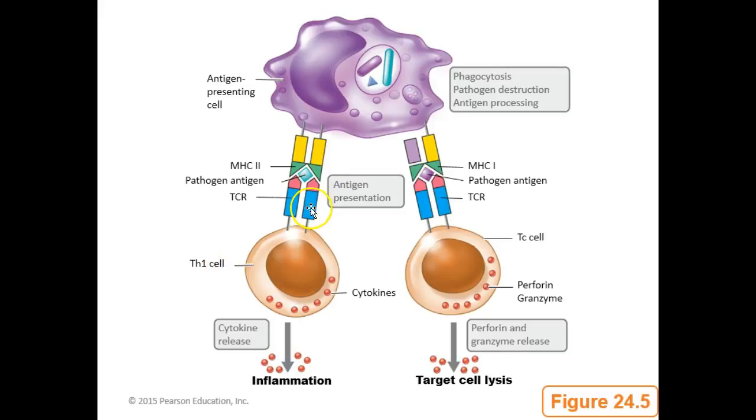And type 1 helper T cells only recognize this foreign material when it's presented in class 2 MHC on an antigen presenting cell like a macrophage. That stimulates them to release a set of cytokines that's specific to type 1 helper T cells that induce or increase inflammation. So in this case, those chemicals that are released will act back on this macrophage cell, cause it to clone itself and increase its ability to go out and look for that same pathogen.